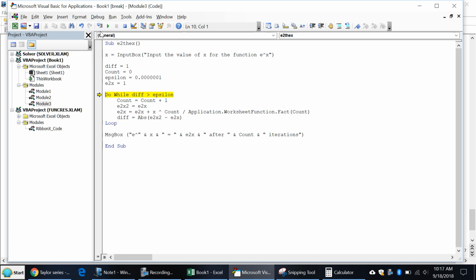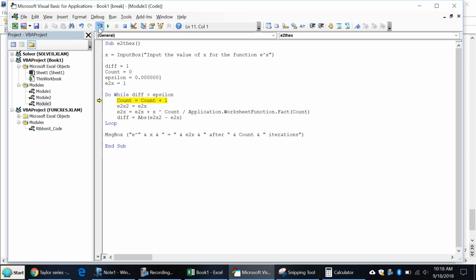So diff is still greater than, 3 is greater than the small number, and I just keep looping through, and this is 8.5, okay? So diff is now equal to 4.5. So 4.5, still greater than this small number, loop around. And I keep doing this, so at this point, this is starting to get a little smaller.